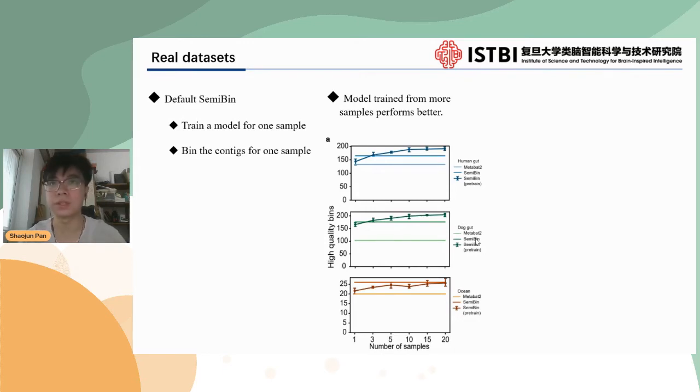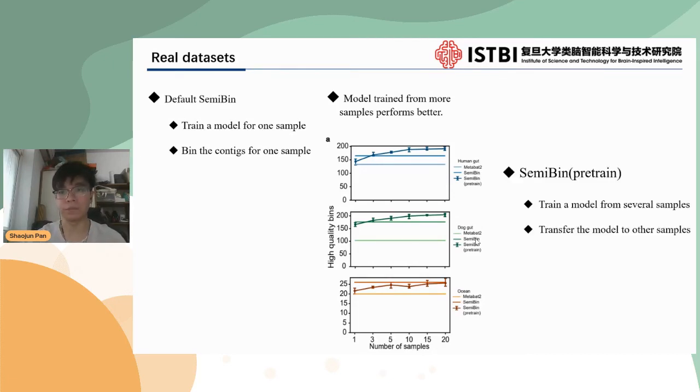Here we termed these versions SemiBin pre-train: train a model from one sample or several samples, and then directly use this model on other samples. With SemiBin pre-train, we do not need to annotate and train a model for every sample. It means that we can use SemiBin in very large-scale metagenomic analysis.